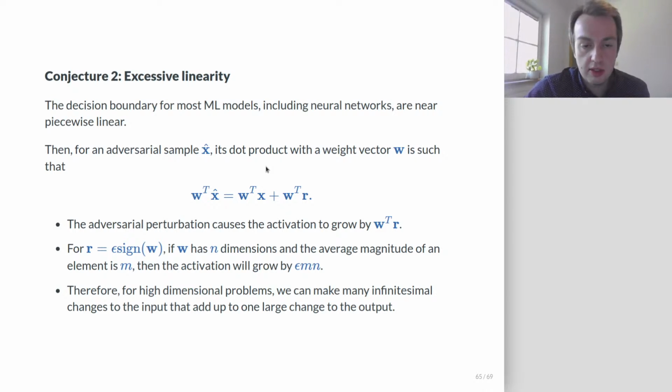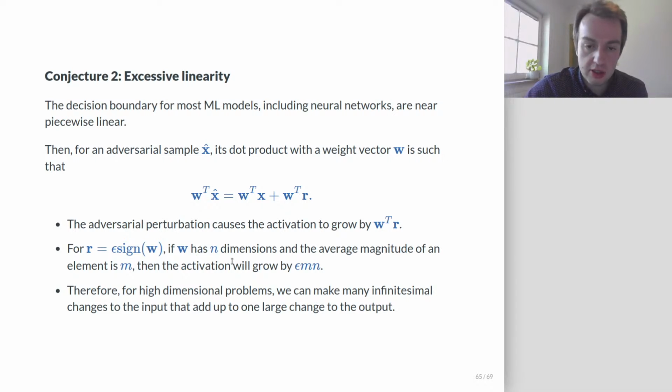Now, if r is a small perturbation, for example, something defined as some small epsilon times just the sign of w, so plus or minus 1, right?